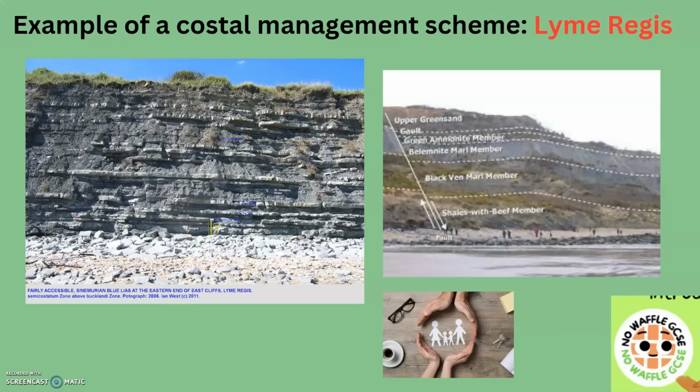Now it's important to protect this area because not only is it a home to a population of 3,600 people, but in a predicted 50 years, if the rate of erosion continued, then the key A3052 road would be completely destroyed.